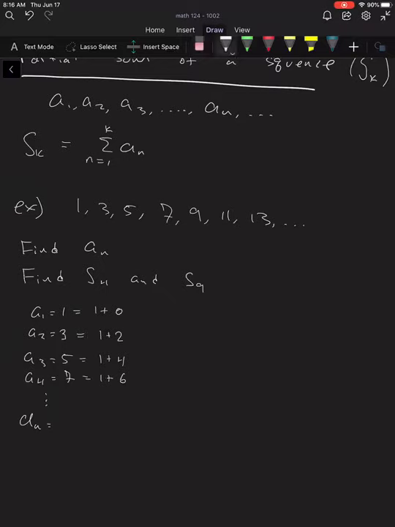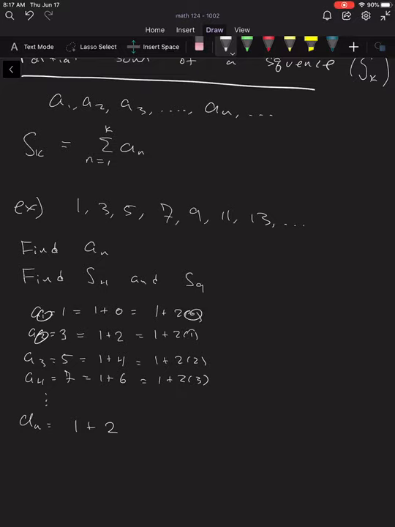Another way we can write this so we can see a better pattern is 1 plus 2 times 0, 1 plus 2 times 1, 1 plus 2 times 2, 1 plus 2 times 3. So now we can see what an is. There's always a 1, so 1 plus, and there's always a 2. When we have a 1, there's a 0 here.